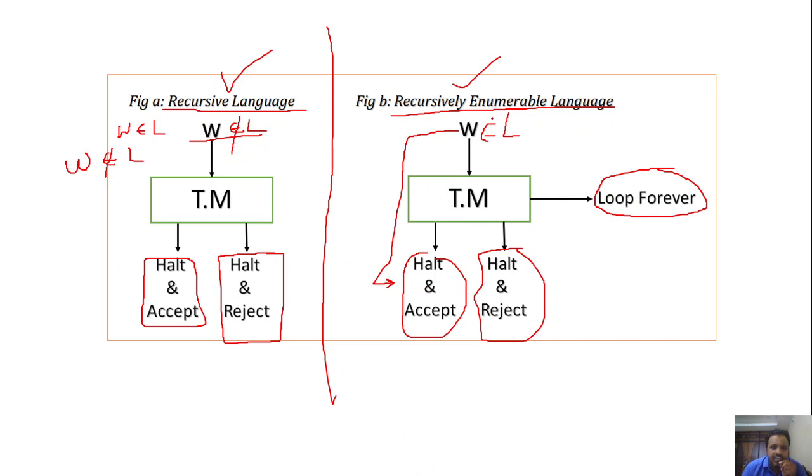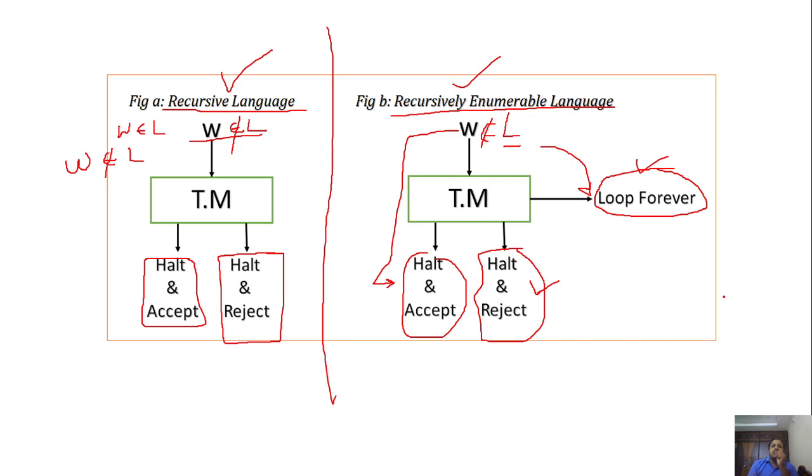If you give a string that does not belong to L, then the Turing machine may halt or may not halt. It may halt and reject the string, or it may enter into an infinite loop for the given string w that does not belong to L. So here we have three possibilities.